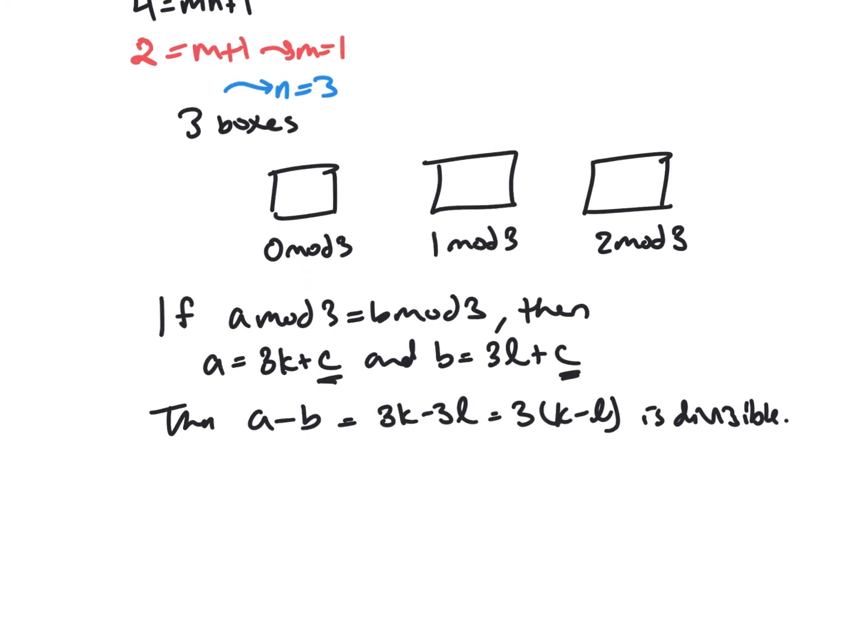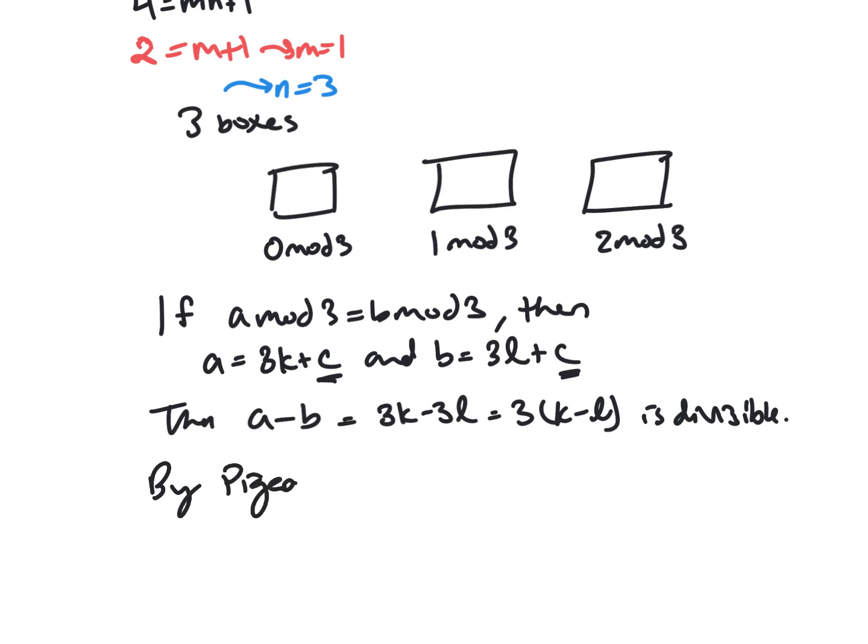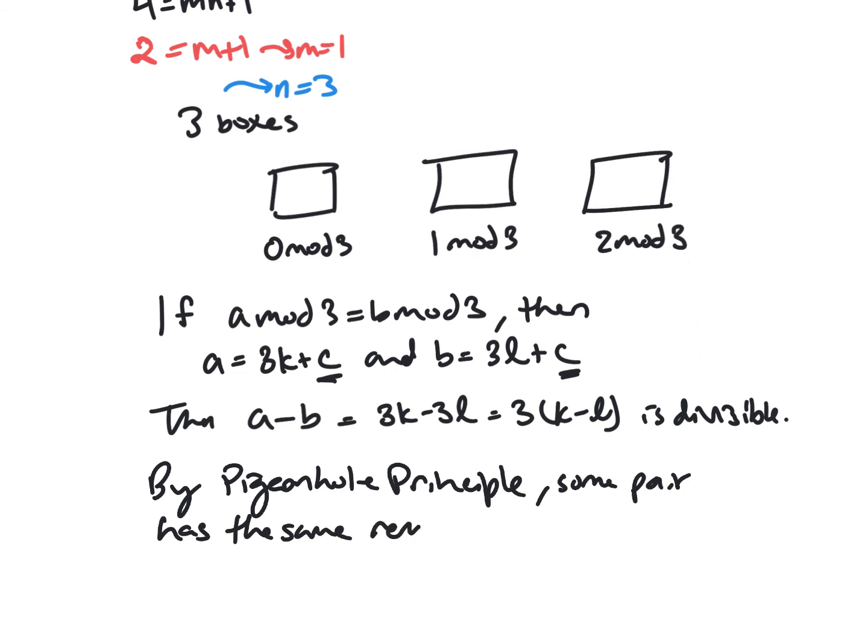And so this is exactly what I have, right? So by the pigeonhole principle, I know that some pair has the same remainder. And I just proved that if they have the same remainder, then their difference is divisible by 3.